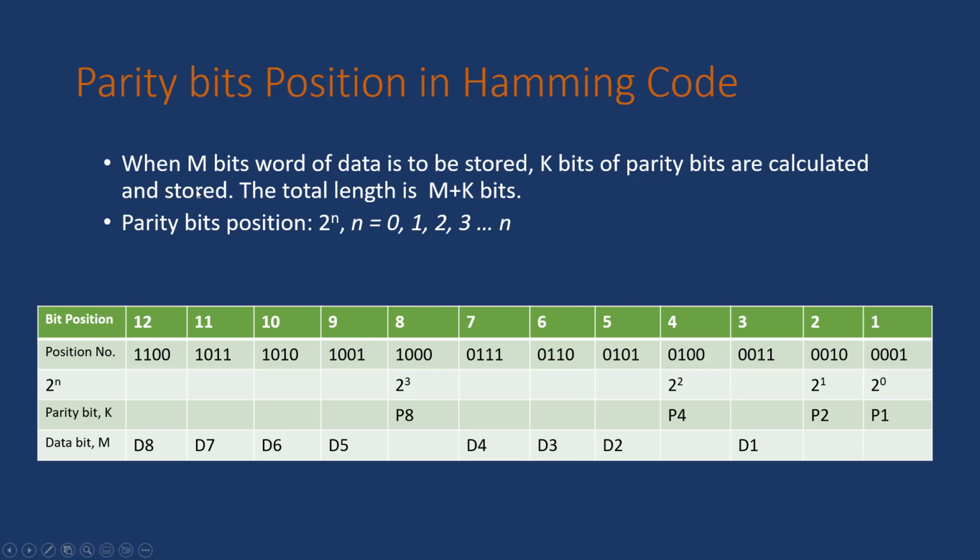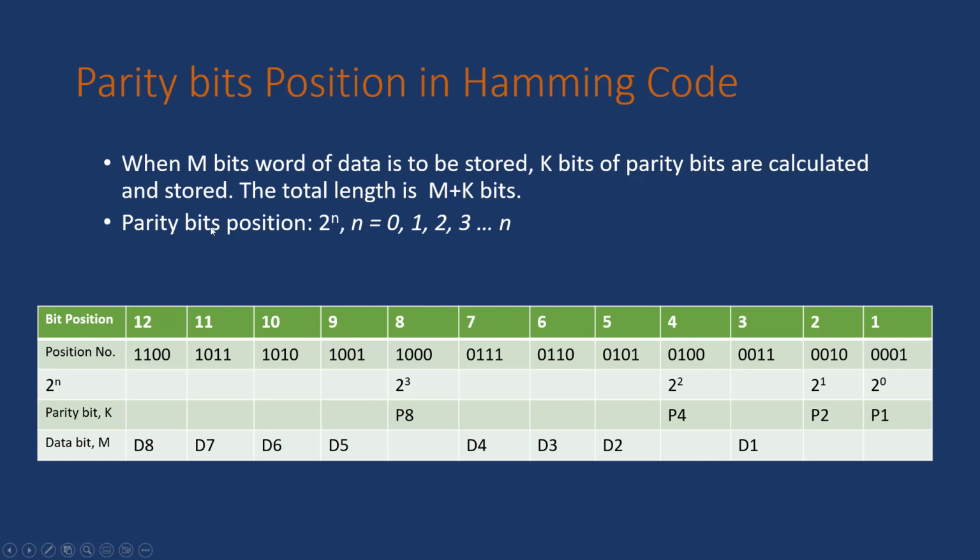The total length is data bits plus parity bits, and then we save this somewhere. After we read it out, we compare the data bits and the parity bits, making the calculation to compare before saving and after reading it out, to see if there is any difference. If something is different, that means an error has happened.